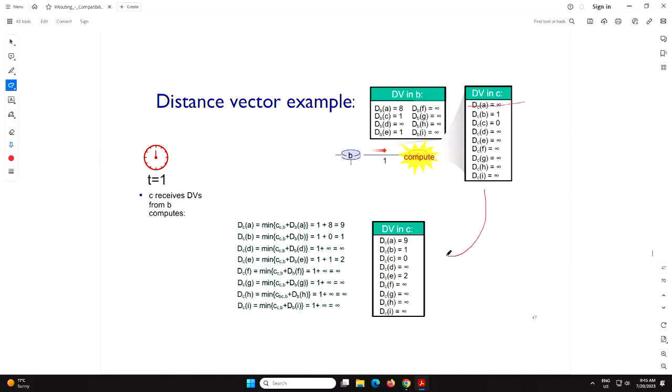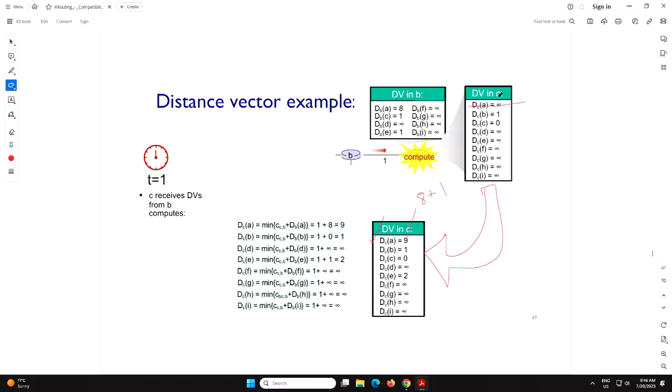So this is the updated C. Definitely we are looking for a new destination A. So the new destination A is now 9. Why is it 9? It is 8 plus 1. B is saying I can go to A with a cost of 8, and C knows that it costs 1 to go to B. So it's 8 plus 1, 9, right? Good. So this is a new entry which C didn't have before in its routing table.